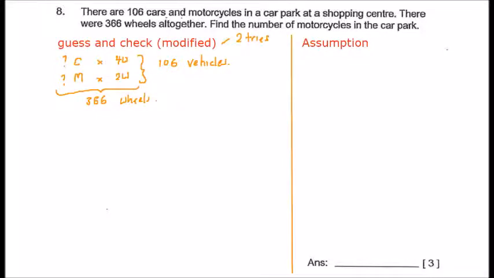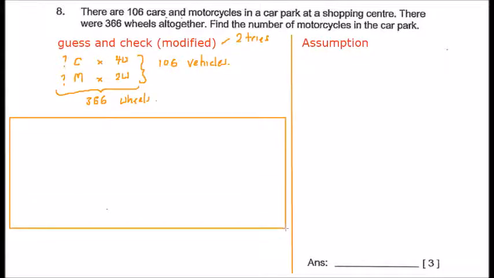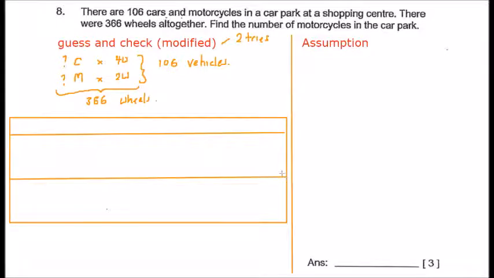So what we need to do for the guess and check modified method is draw a table. Because we're going to get it within 2 tries, I just need the header and 2 rows. You can draw the rows a little bit bigger so that you can do your calculations in the boxes.